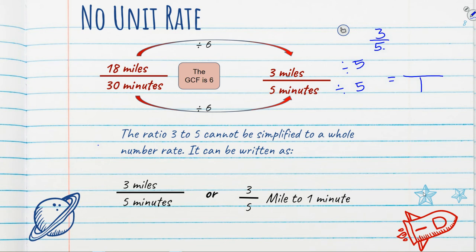That's what we're doing here, 3 divided by 5. But instead of doing the math, we're just writing it as a fraction. Now, you can't have fraction over a fraction like that. That doesn't work. So you have to take that top fraction and just say 3/5 of, what are we talking about on top? Miles to 1 minute. Okay? You're not going to see too many of these that don't come out to 1 unit, but if you do, you take the simplest form, and that's your fraction.